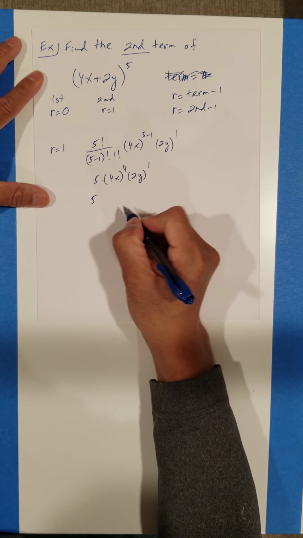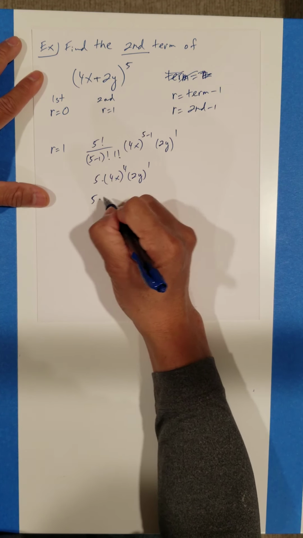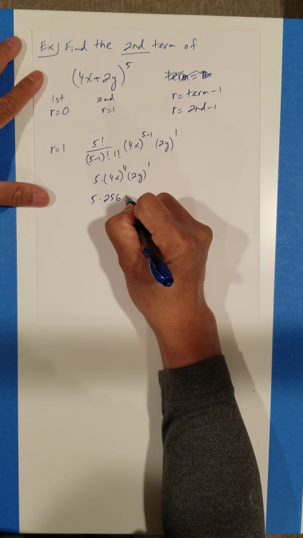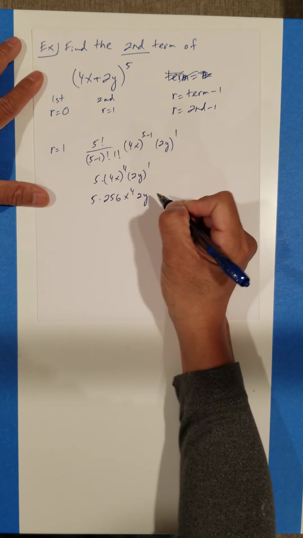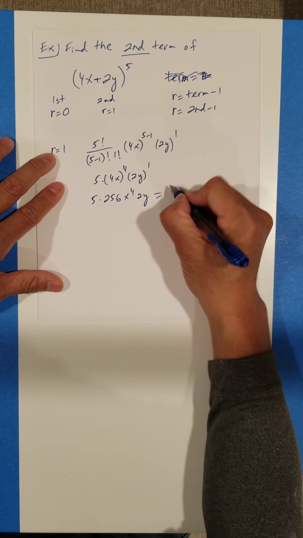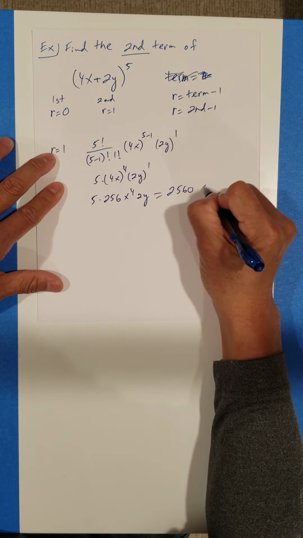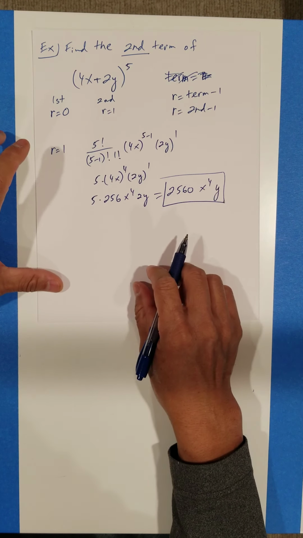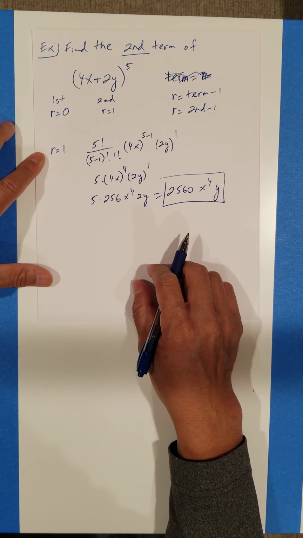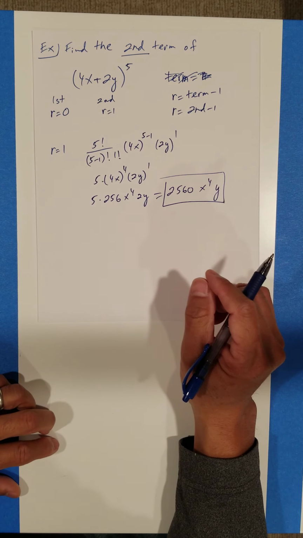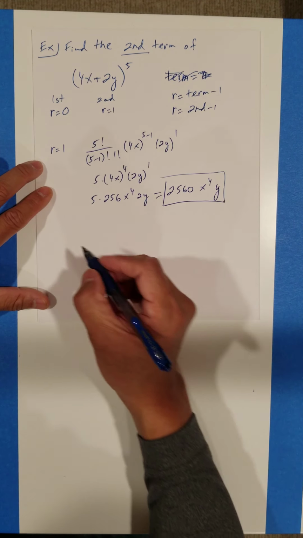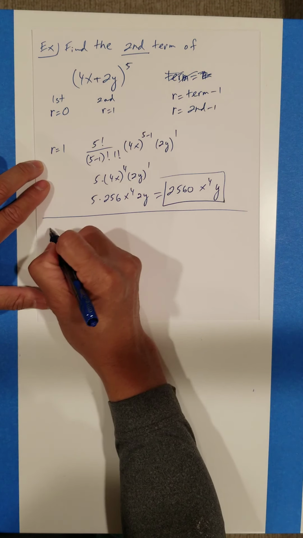So this is 5, 4 to the 4th power is going to be 256, x to the 4th, 2y. So now just multiply this together: 2,560 x to the 4th y. That's it. This is my second term. Okay, so this is just when they want a certain term. That's all that is.